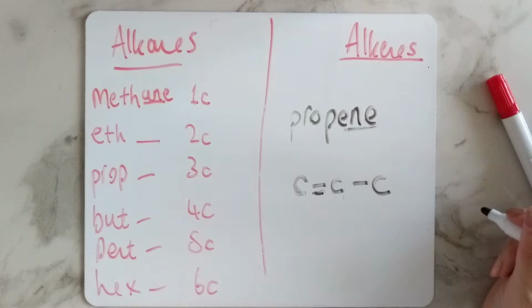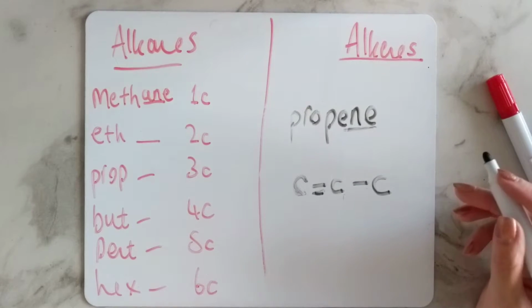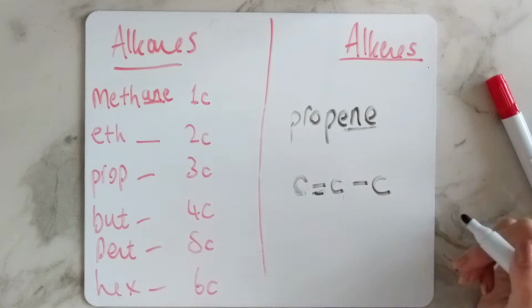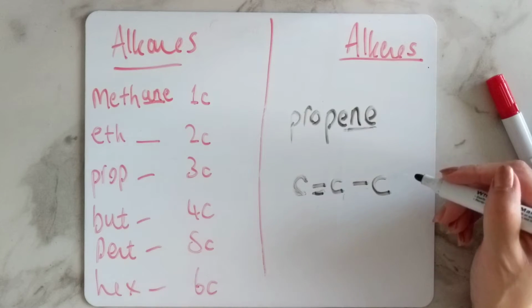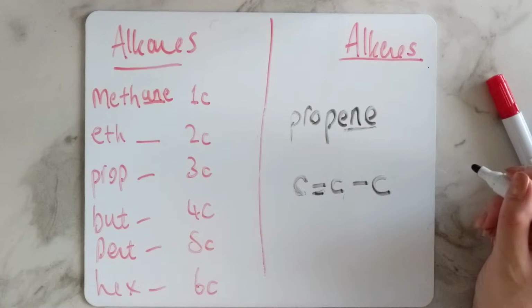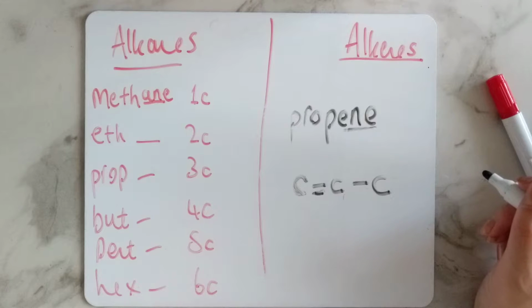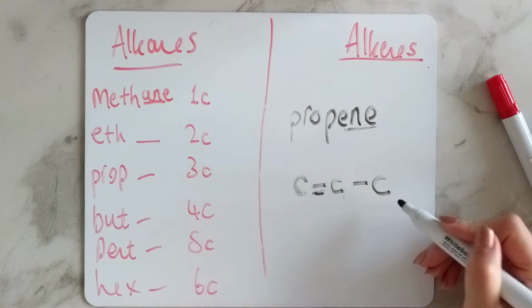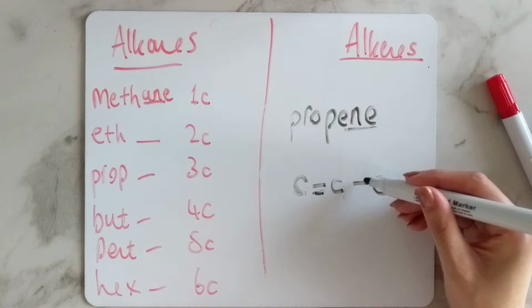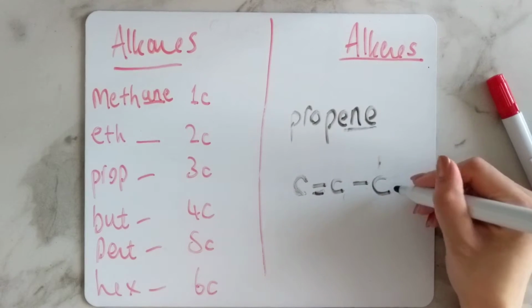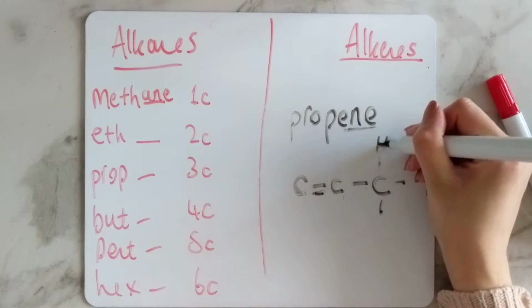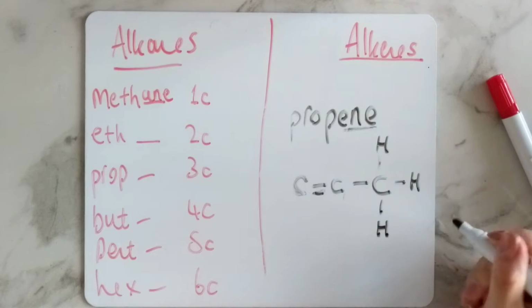Okay, now we need to know how to draw in our hydrogens, because remember, alkanes and alkenes are hydrocarbons. Each carbon can only have 4 bonds around it, no more and no less. So let's start with this carbon, it's got 1. We draw in 2, 3, 4. These are our hydrogens.